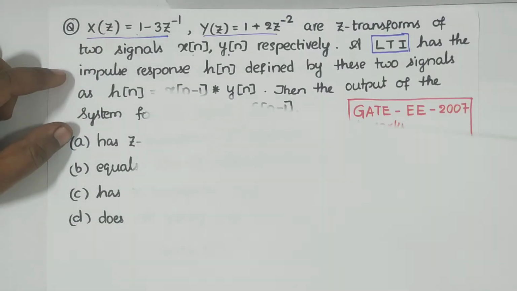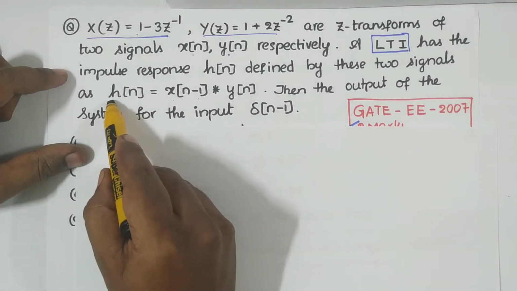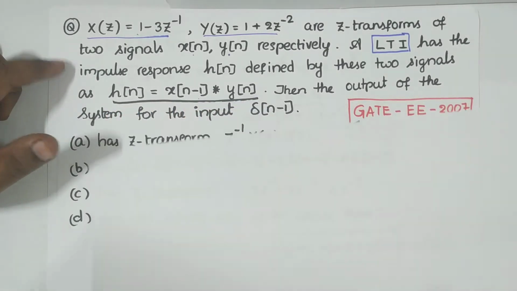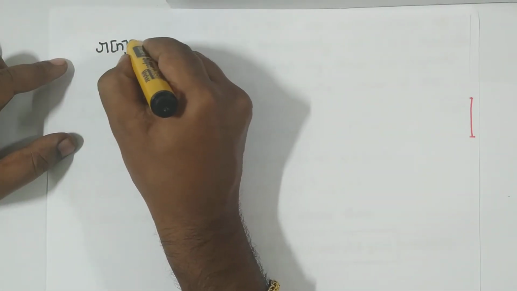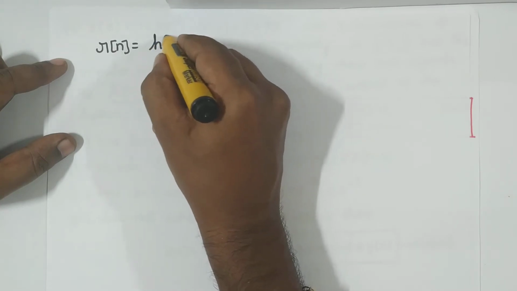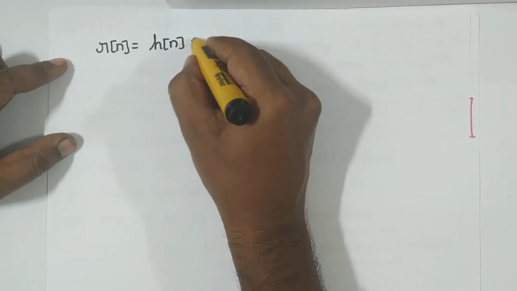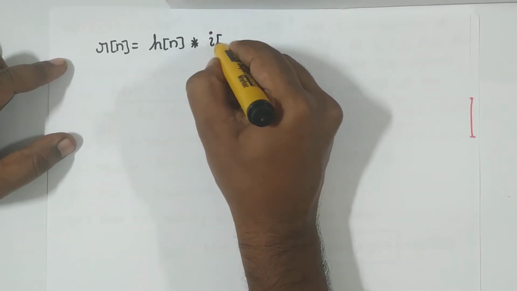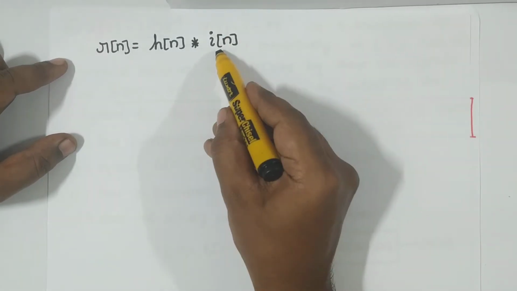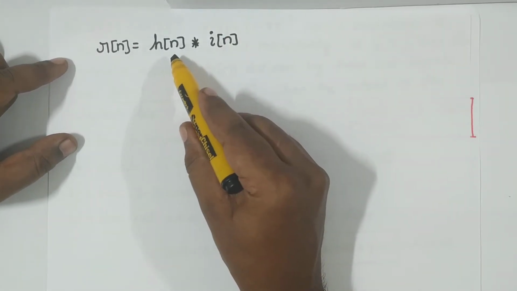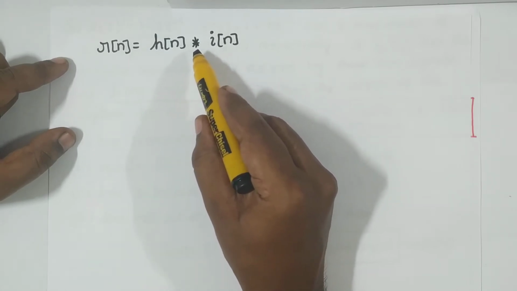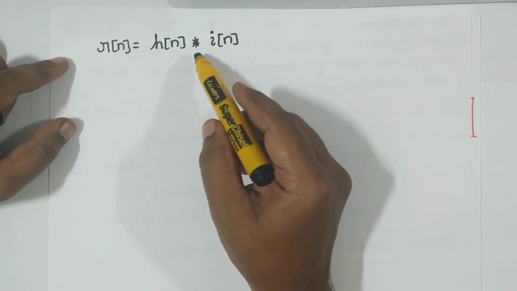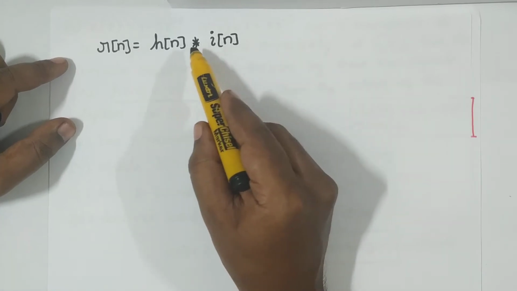So now given to us like this, first of all we have concluded that the response of our linear time invariant system r of n is equal to h of n linearly convolved with input I of n, or I of n convolved with h of n. Doesn't matter however we take, because convolution is commutative in nature, so both will give the same response.